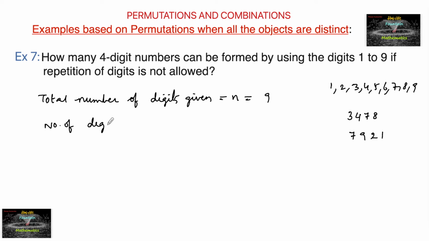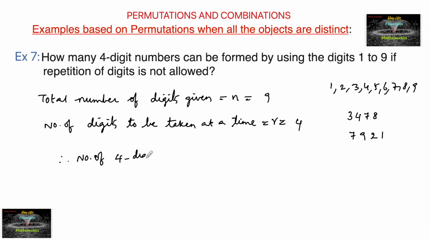Number of digits to be taken at a time, that is r, which is equal to how many? 4 digits, 4. So therefore the number of permutations of n different digits taken 4 at a time without repetition is nothing but nPr.